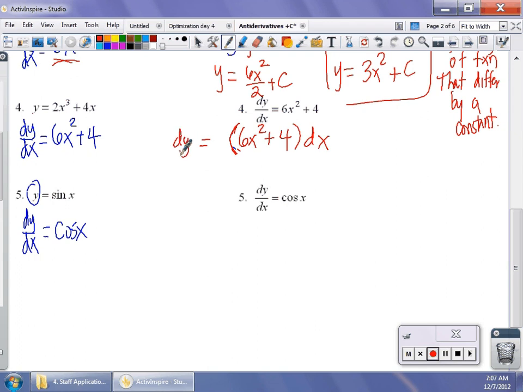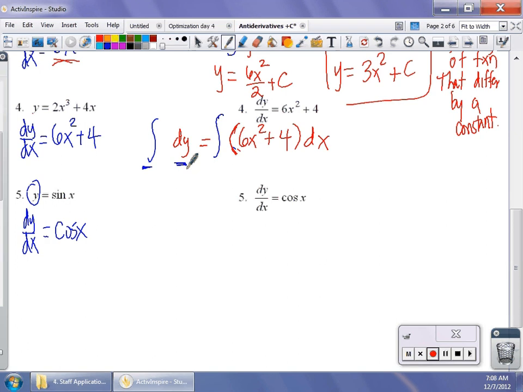Okay, back to work. I'm going to find the antiderivative of both sides. One thing I have not spoken to yet is this whole idea of the dx and the integral. Basically, if you take a look at the symbol and the dy, they kind of work together as my operator.